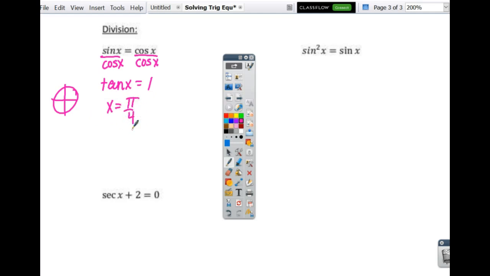So that gives me a positive tangent, correct? Where else on the unit circle do I get a positive tangent? This one? So this one is going to be pi plus pi over 4. So that's 4 pi over 4 plus 1 pi over 4 gives me 5 pi over 4.